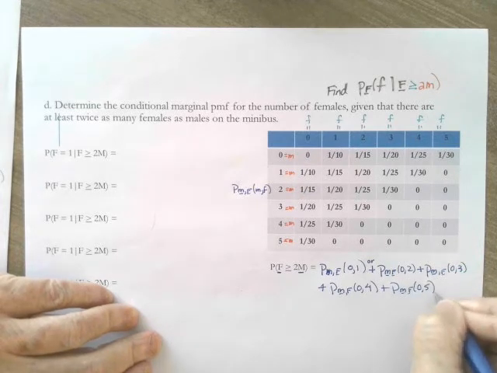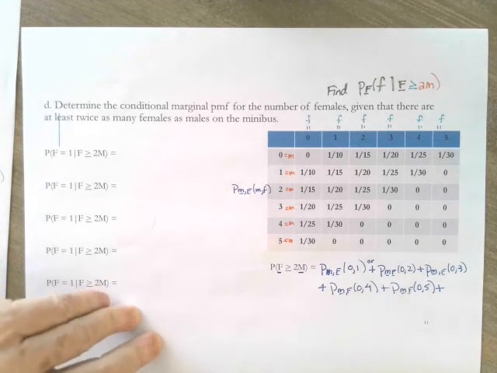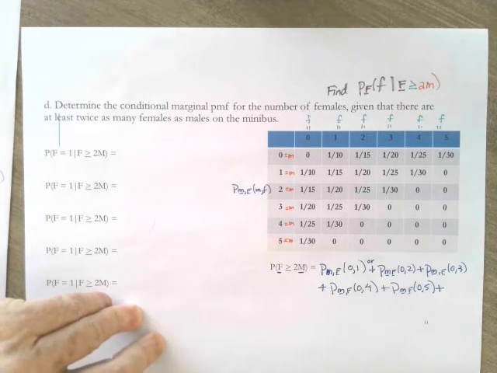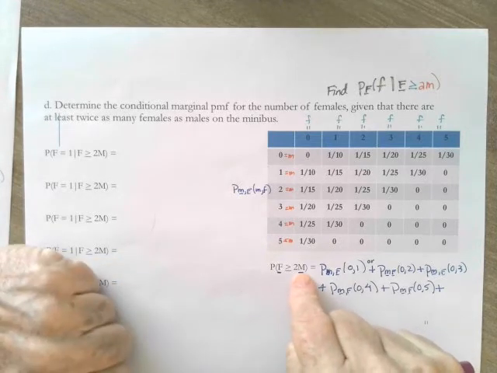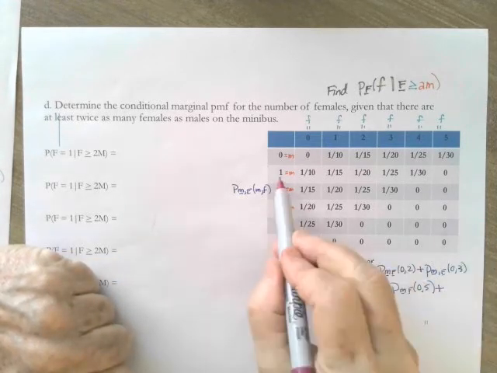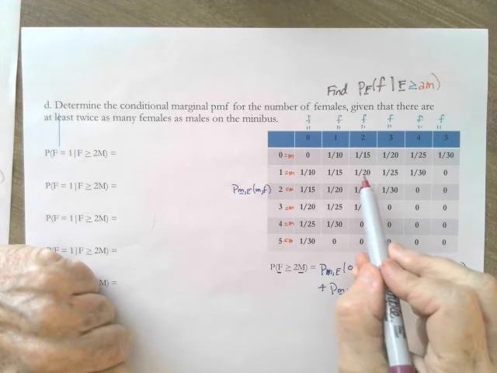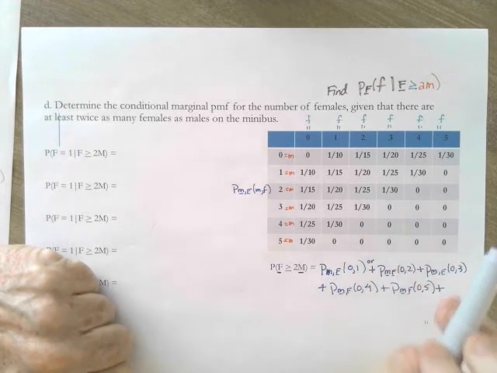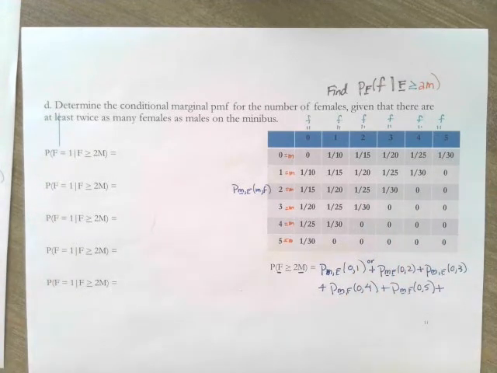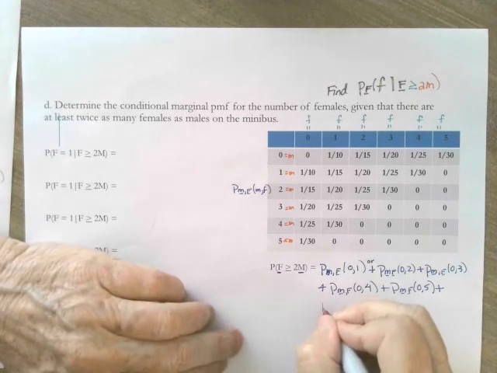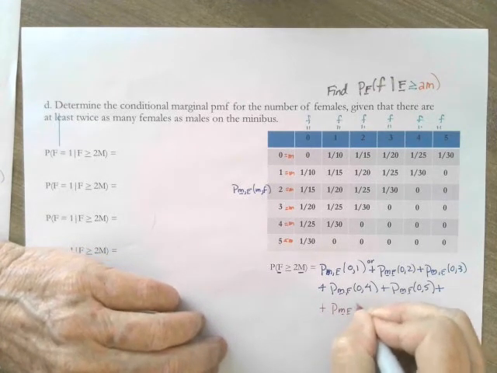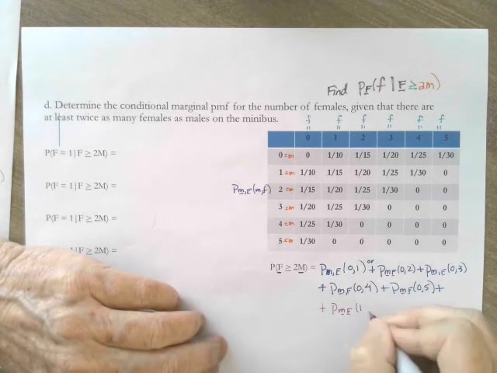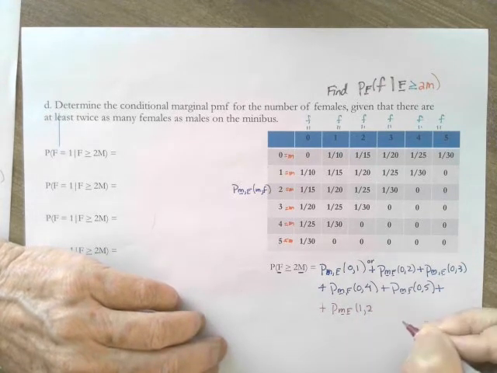And we're still not done. We also could have, and maybe I'll use a different color here because it might be helpful, 1 male on the bus. For M equal to 1, then 2, 3, and 4 are parts of this probability as well. So now we could have 1 male on the bus, 2 females.